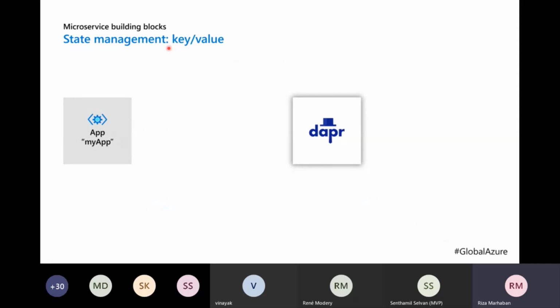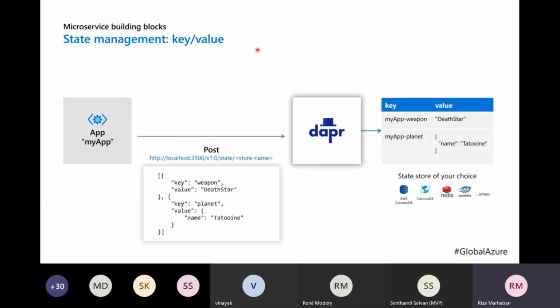And then they have state management. If you have microservices, you have so many APIs, you don't want to handle the state. Trust me, you don't want to handle state. Otherwise, you have to spin up some kind of special app just to maintain state, right? So you don't want to do that. But with Dapr, all you have to do is run your app on top of Dapr, and you can handle the state management inside. And then you can use what? You can use DynamoDB. You can use Cosmos DB, which is my first option.